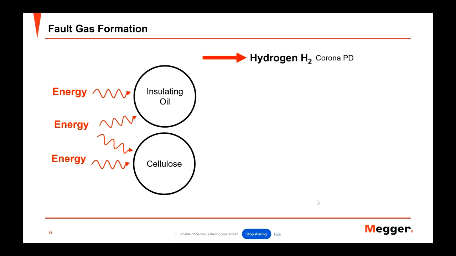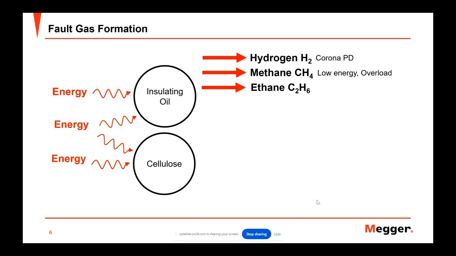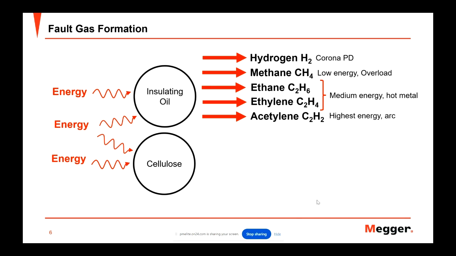It is the gas that needs the lowest energy to produce. Next is methane, ethane, ethylene, acetylene. Acetylene is the gas that needs the highest energy.